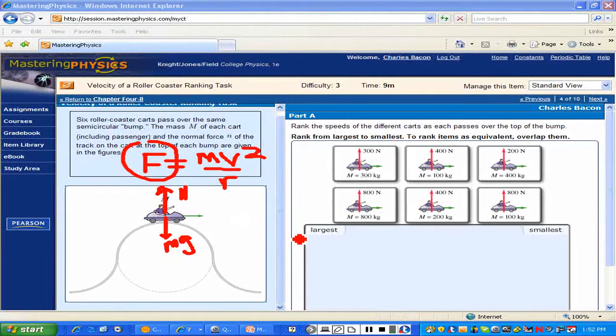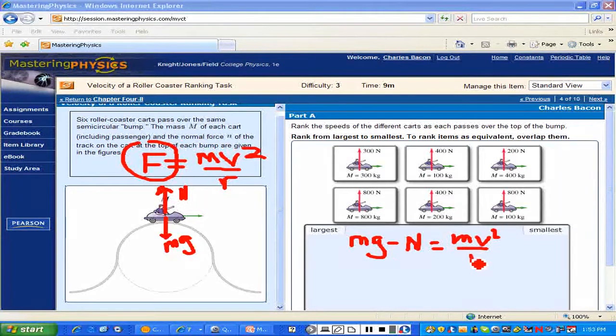So if I were to write this in the form of F equals mv squared over r and put in the two forces, I would write it down here in the right hand corner: mg, because that's the force toward the center of the circle, minus N, which is the force away from the center of the circle, so that's where the negative sign comes from. So I'm using toward the center of the circle as my positive direction. And of course, those are the forces that are causing the motion to be circular.